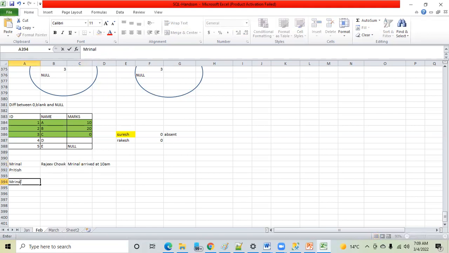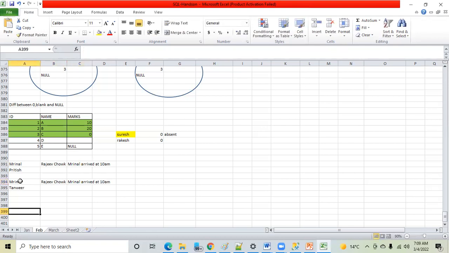But similarly, Mrinal and suppose Tanveer, same second scenario, Rajiv Chowk. Again, Mrinal arrived at 10 and you are waiting there. Okay.